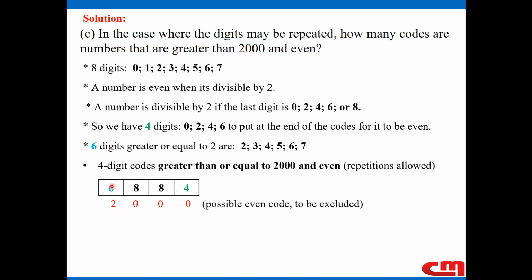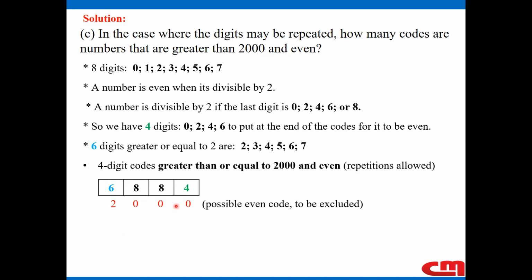How? Because among the 6, the 2 is there, so it can occupy the first position. Then obviously, since repetitions are allowed, and the 0 is there among the 4, the 0 can be here, then here we have the 0, 0. So we have this 2000 as a code, which is even. We need to exclude this because the question says codes are numbers that are greater than 2000.